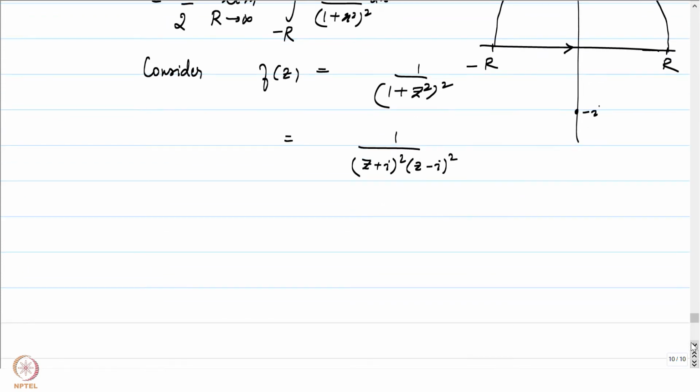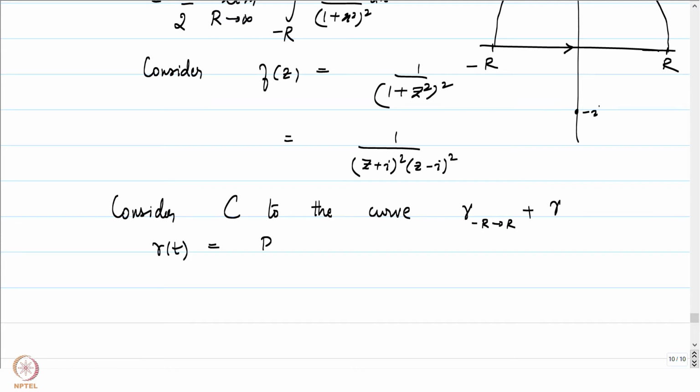So, let me call the curve C to be gamma minus R to R concatenated with gamma, where gamma of t is just capital R e to the power i t for t from 0 to pi.